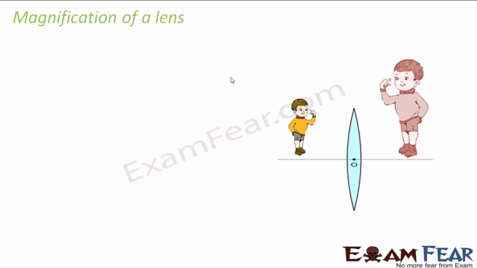So let us now talk about magnification of a lens. I think now it is easier for you to understand what is magnification, what is the lens formula, and how image formation takes place in lenses, because we have studied all these things in detail for mirrors, right? So what is magnification of a lens? It is also the same thing. It tells us how big or how small the image is compared to the object.